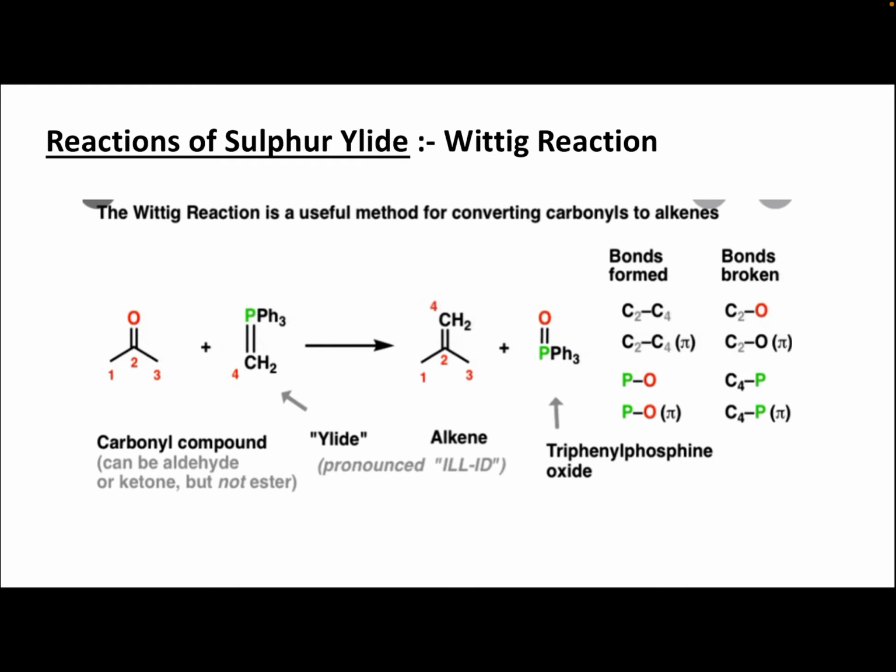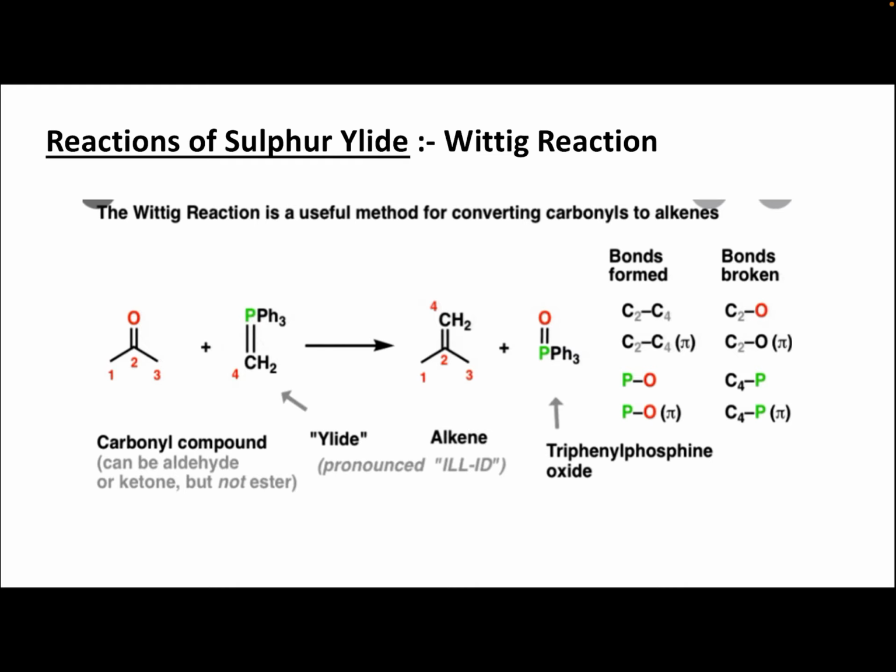Reactions of sulfur ylide. We are using this ylide in the Wittig reaction. The Wittig reaction is a useful method for converting carbonyls to alkenes. So carbonyls are getting converted into alkenes. Here the carbonyl compound can be aldehyde or ketone, but not ester.